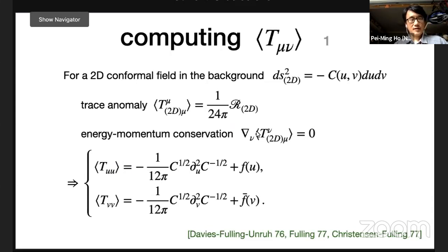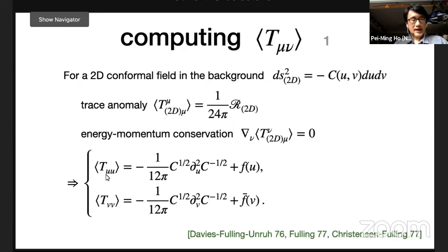You have enough equations to completely solve the energy momentum tensor of the vacuum in this way, where C is the conformal factor. You are left only with the degrees of freedom of a boundary condition.